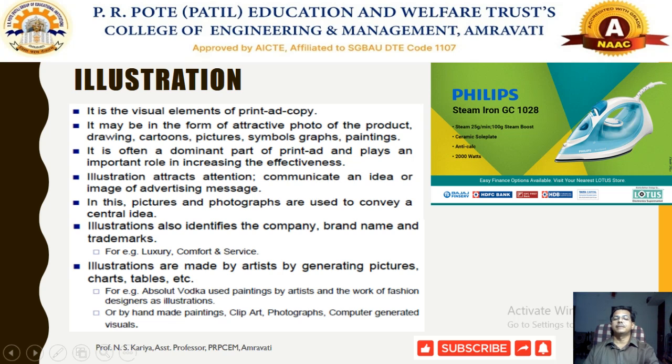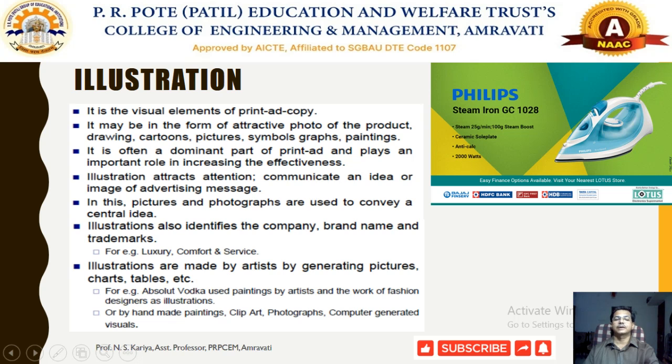Illustration can be made by an artist. In the advertising industry, different kinds of artists or graphics persons generate different forms of graphics, photos, pictures, or other illustrative images and visuals, and publicize those images through advertisements. Illustrations may also be combined with charts and tables.